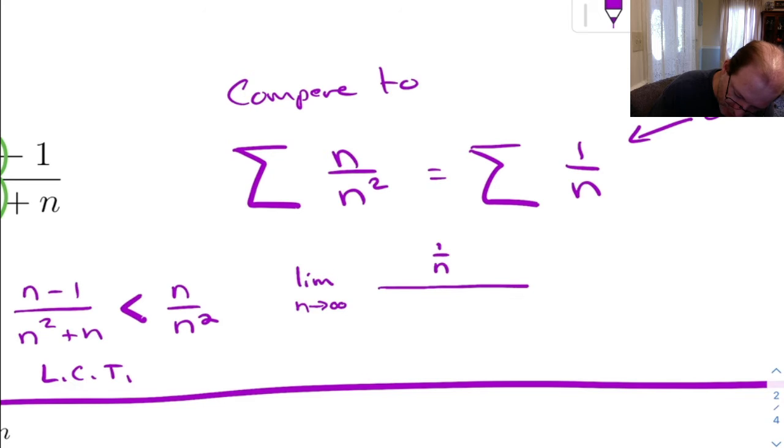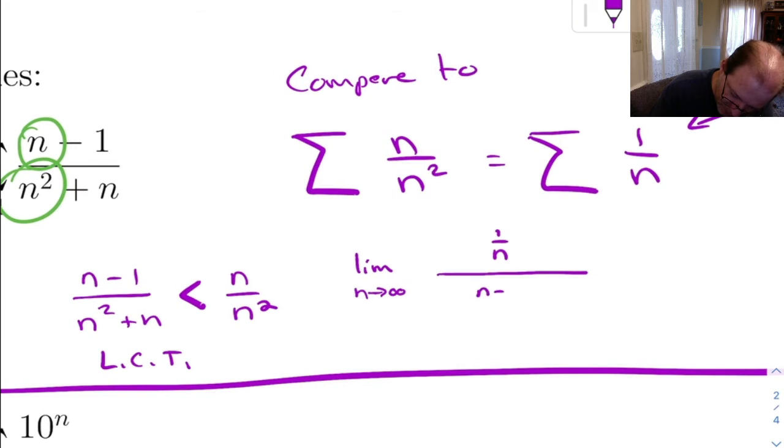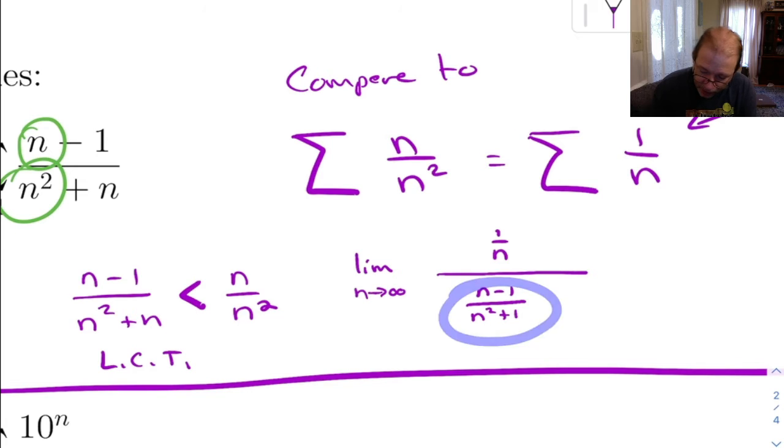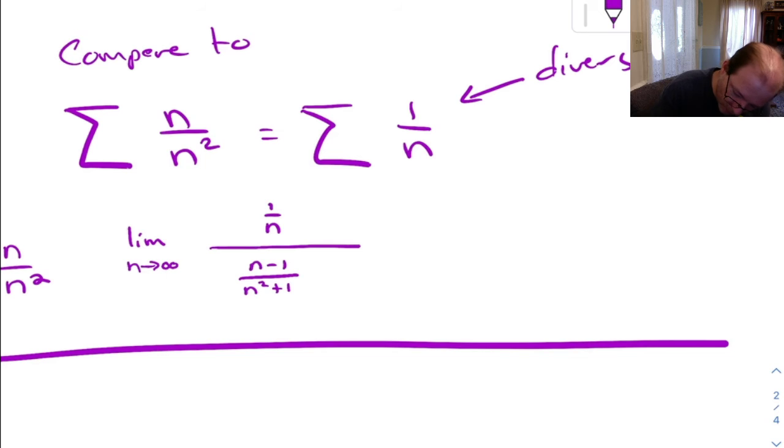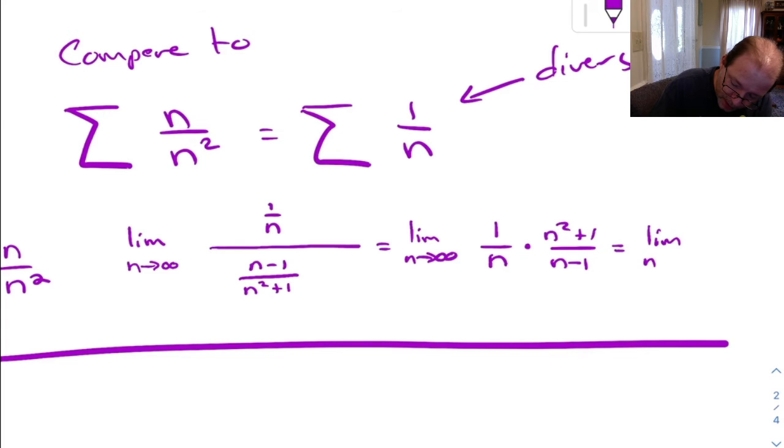So you've got the original series on top or bottom, and the other one is the thing you're comparing it to. So I'm going to rewrite this as 1 over n times n squared plus 1 over n minus 1. And when I do that, I get n squared plus 1 over n squared minus n.